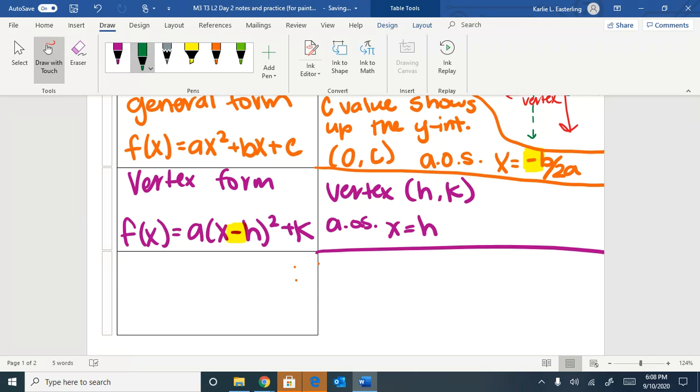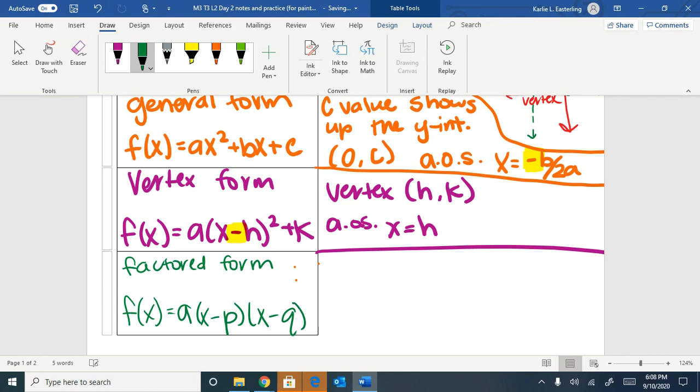We'll do green for this last one. So the last one was the factored form. And that was the last one that we messed with in the notes. And that was when we were looking at f of x equals a times (x minus p)(x minus q).